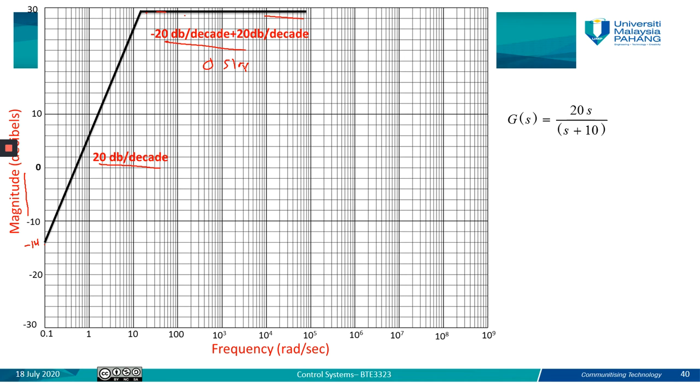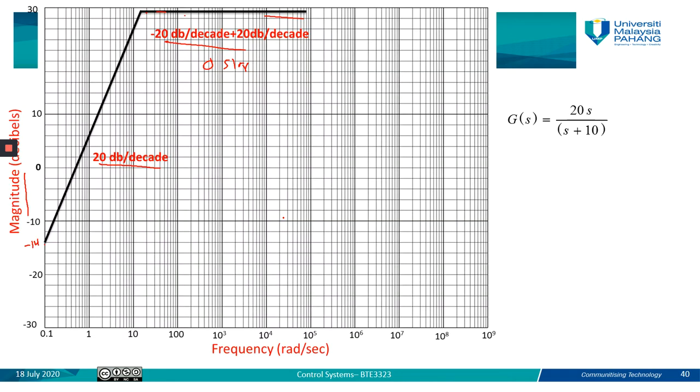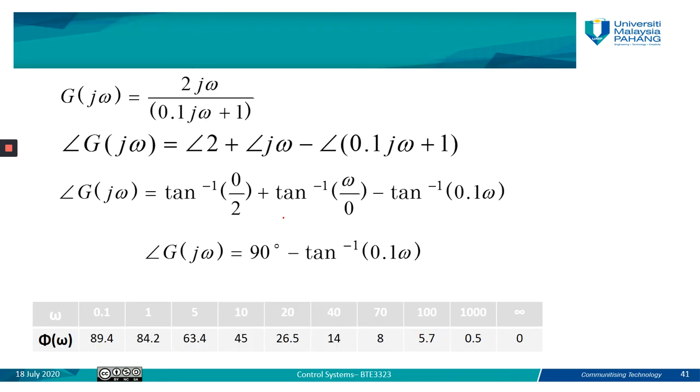For the angle, we also need to draw each one separately. So in the case of the angle here, we need to consider the angle for the gain, which is equal to 0. The angle of the zero at the origin will be positive 90.